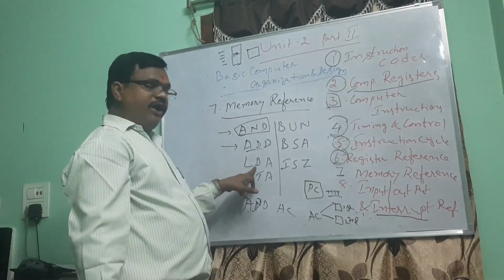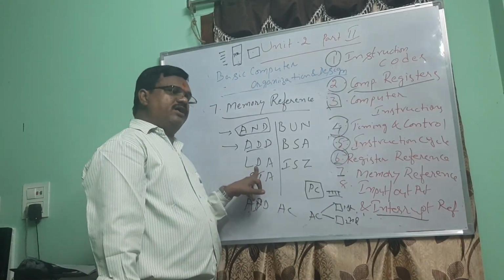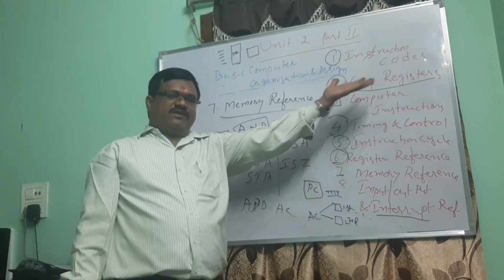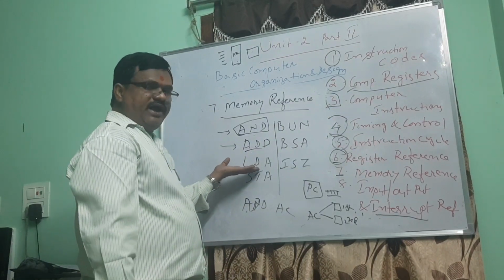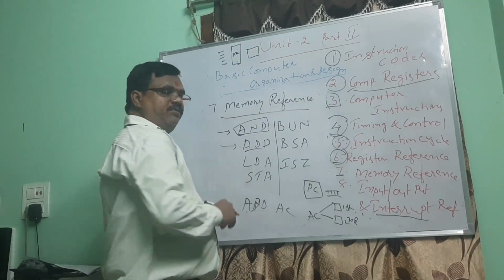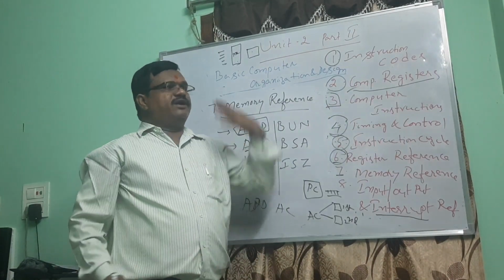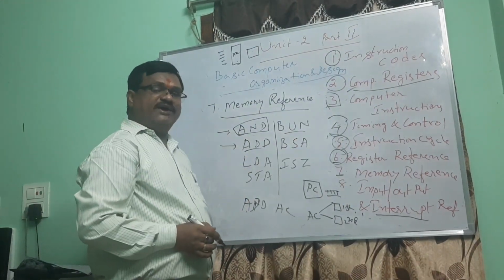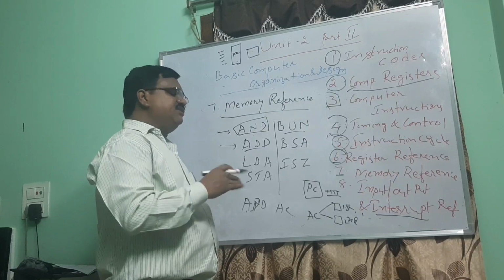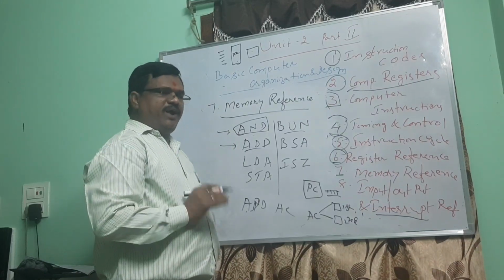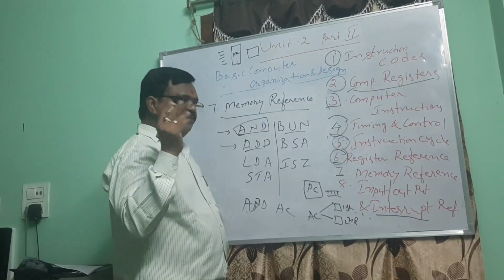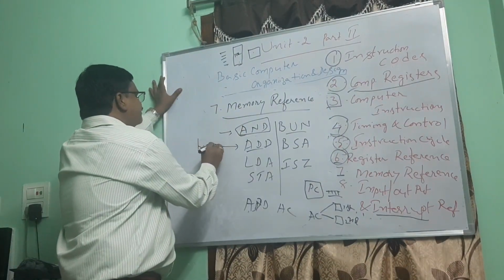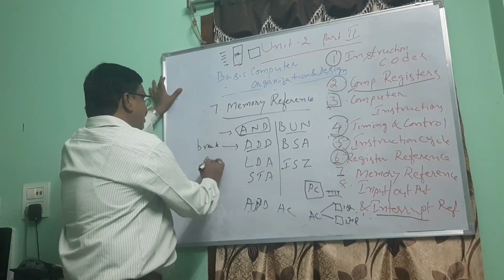So this is load accumulator. Load accumulator means whatever data is there in the memory will be loaded into the accumulator, or else store accumulator, storing the value of the accumulator into the memory. Okay, this BUN, as I told you, branch instructions are there. Branch unconditionally means sometimes you will write break or continue instructions.